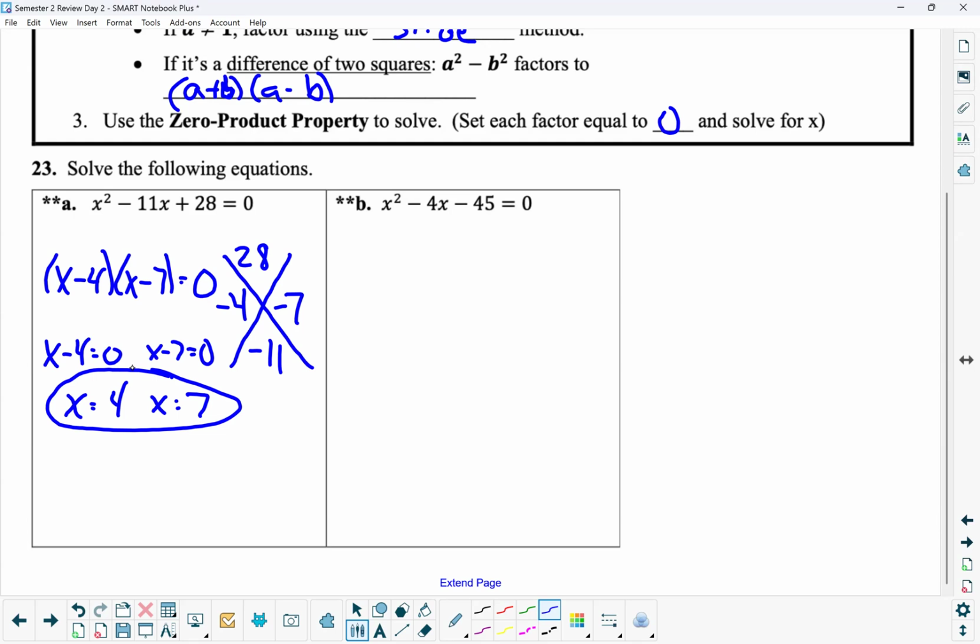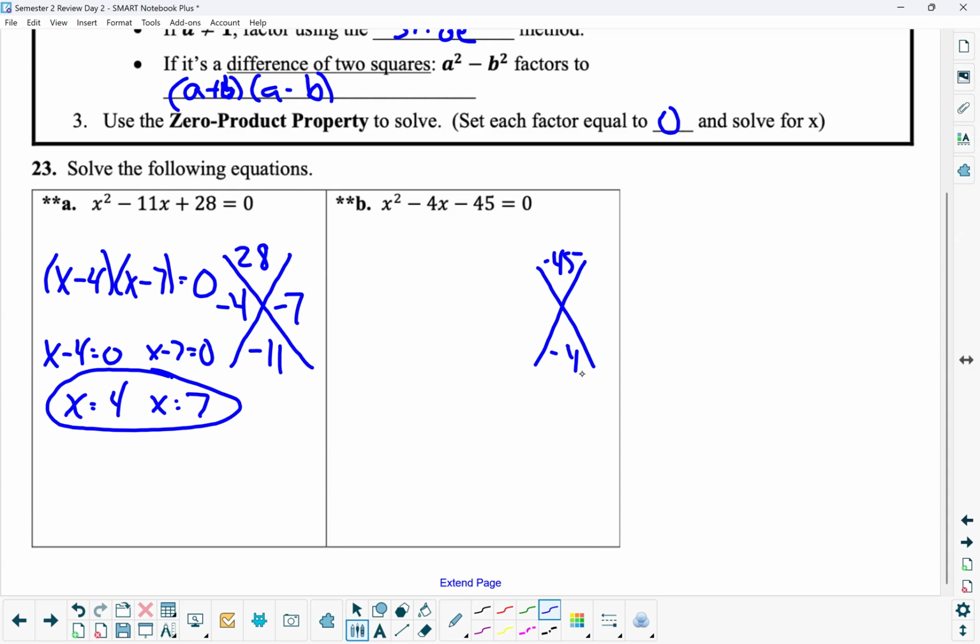If I look at letter B, here we're looking for two numbers. Again, greatest common factor, there isn't one other than 1, and a is 1. So now I want to find two numbers that multiply to negative 45 and add to negative 4.